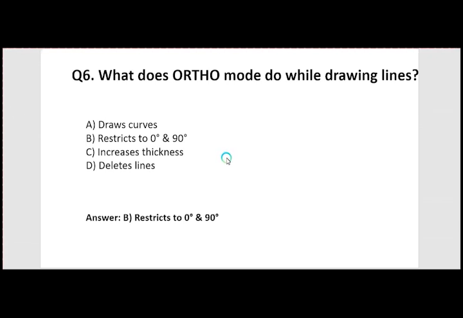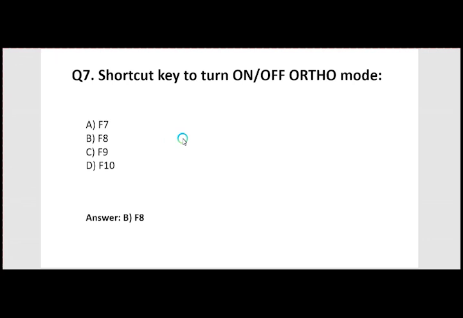Answer is B. Restrict to 0 degree and 90 degree. Question number 7. Shortcut key to turn on off ortho mode. A. F7, B. F8, C. F9, D. F10. Answer is F8.